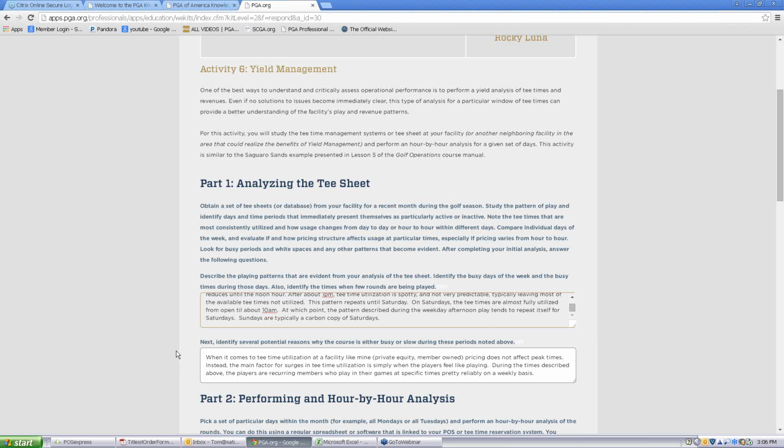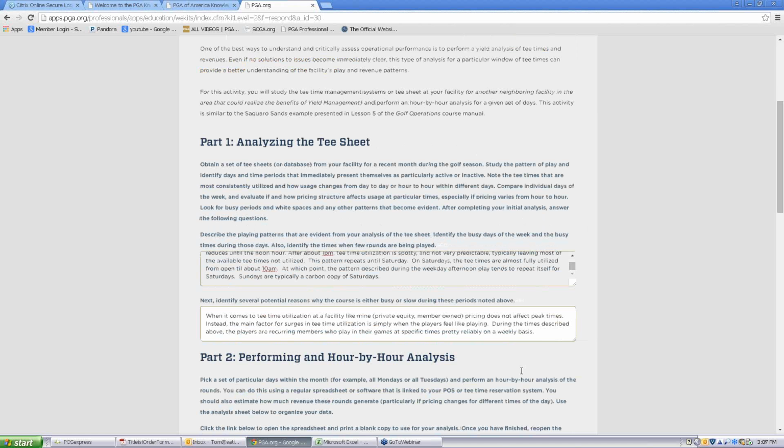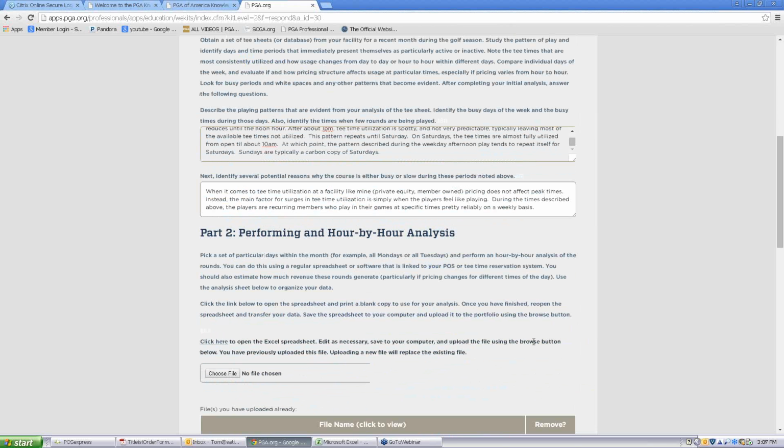This person answered, when it comes to tee time utilization at a facility like mine, the private equity club, pricing does not affect peak time. Instead, the main factor for surges in tee time utilization is simply when players feel like playing. During the times described above, the players are recurring members who play in their own games at specific times pretty reliably on a weekly basis. So in other words, at a private club like this, it's a very predictable flow of players.